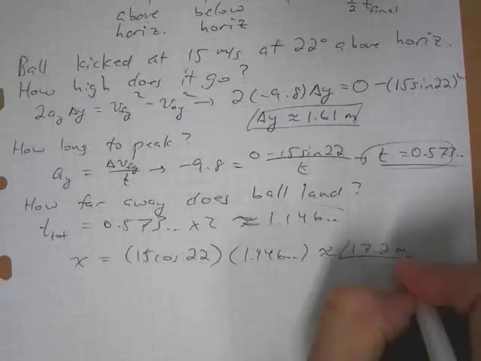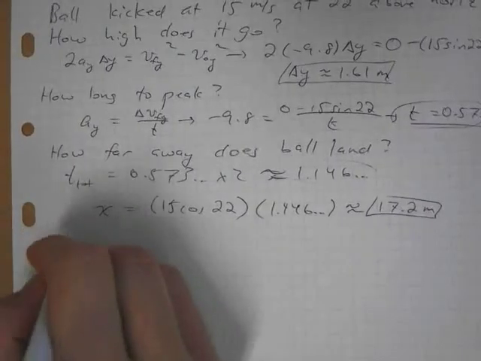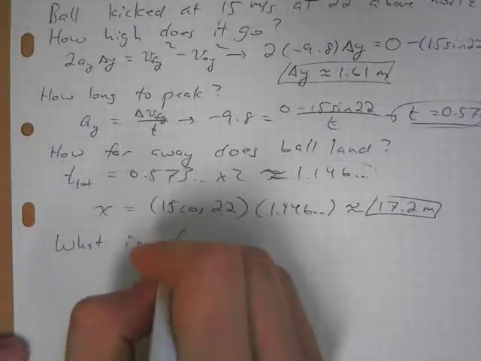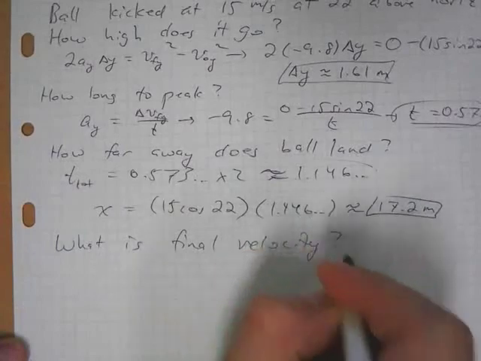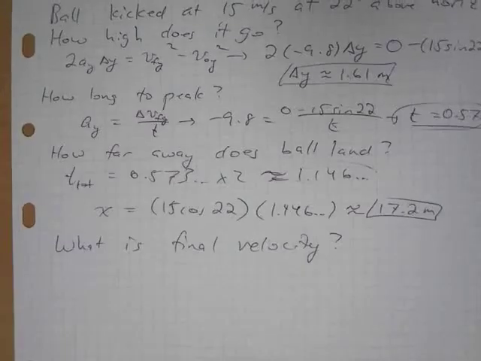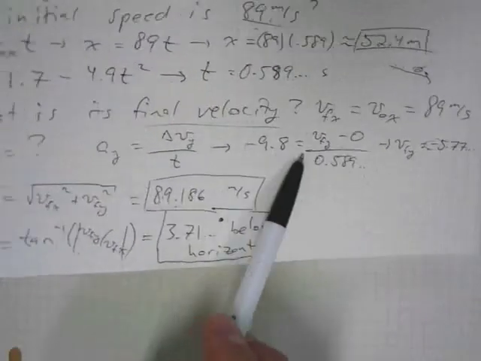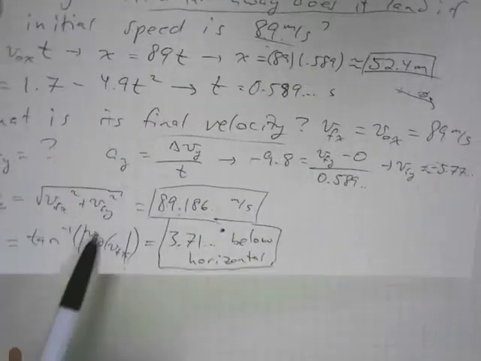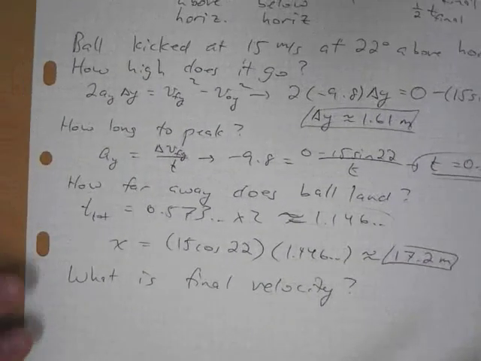What if I want to know what is the final velocity of the ball as it hits the ground? Well, again, we could go through the process we did here, where we calculated the final velocity in the y direction and its magnitude and direction and all that. But we can exploit the symmetry. We know the magnitude of the final velocity is the same as the initial velocity.